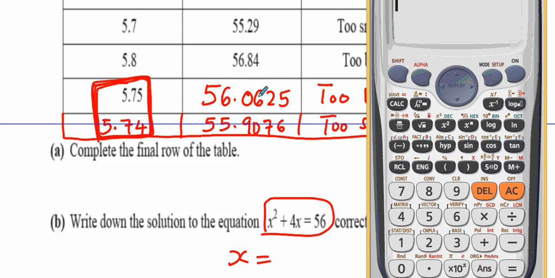How big is this number? So what do we do? We take 56.0625 minus the expected answer 56. What is the difference? The difference is 0.0625.